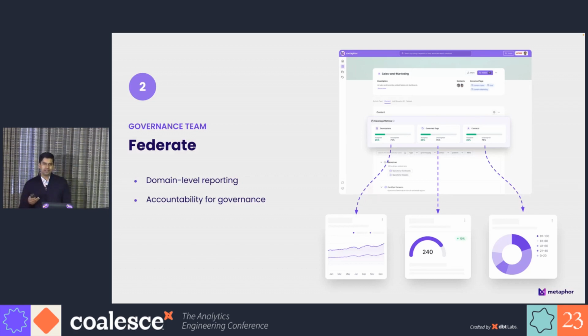What this essentially enables the central team or the governance team to do is monitor the data governance across these domains and ensure that they're maintaining it healthy. The catalog should holistically provide all of this information and make this monitoring extremely easy for the governance team.